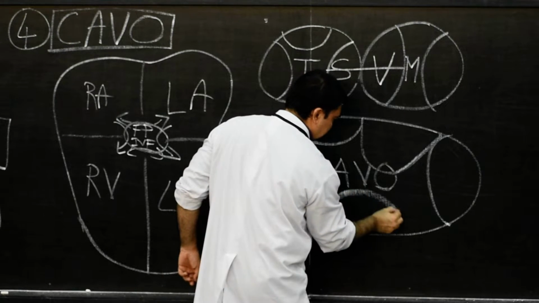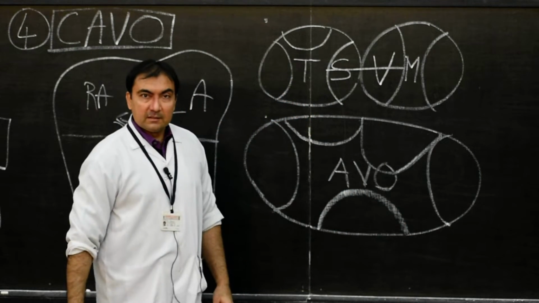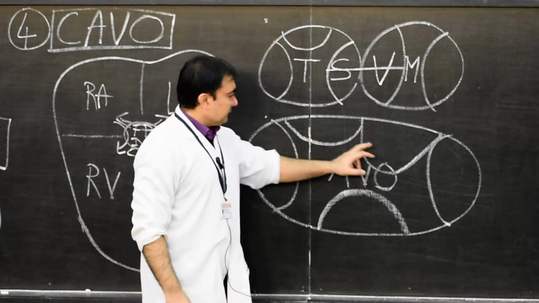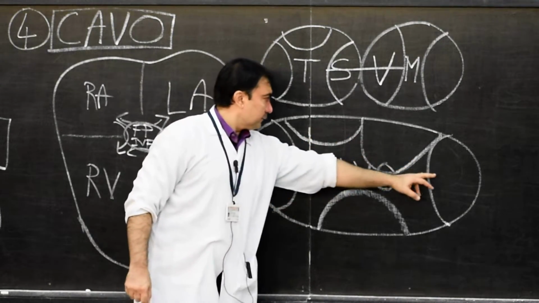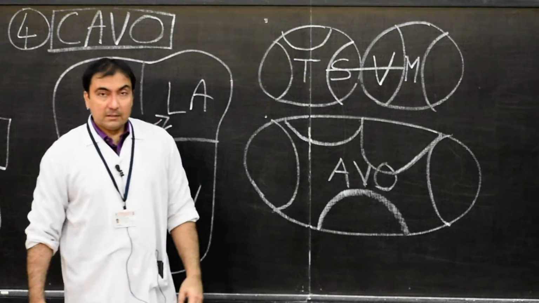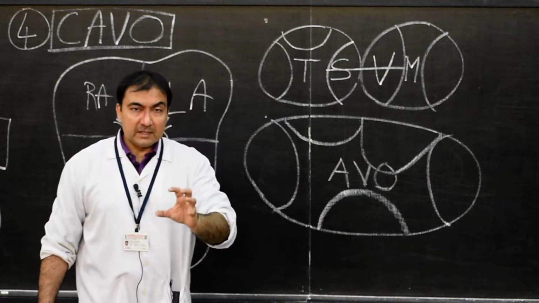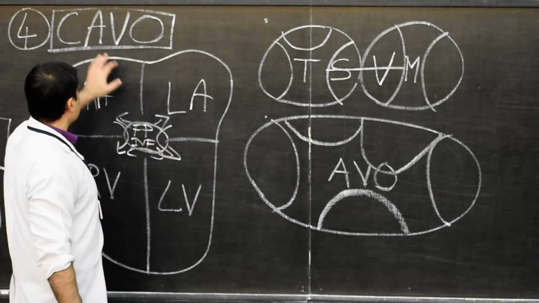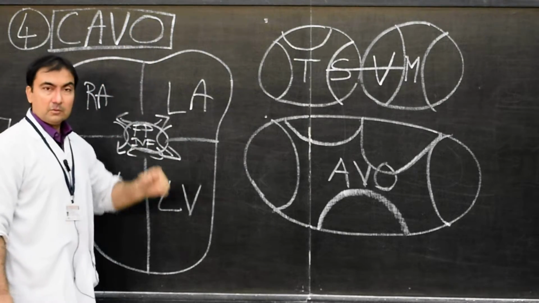So this will be 5. This is the anomaly. So therefore, there will be 1, 2, 3, 4, 5 cusps which will guard the common atrioventricular opening. And this is the anomaly which is known as common atrioventricular orifice.